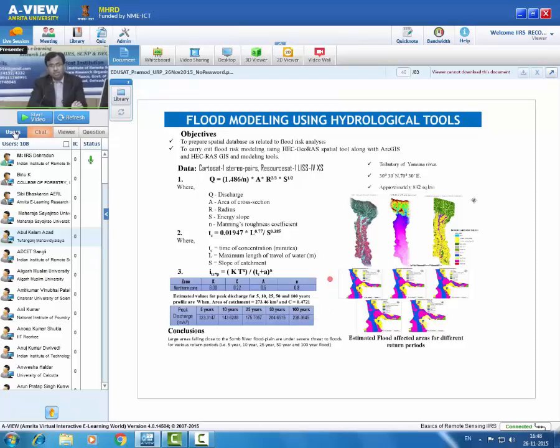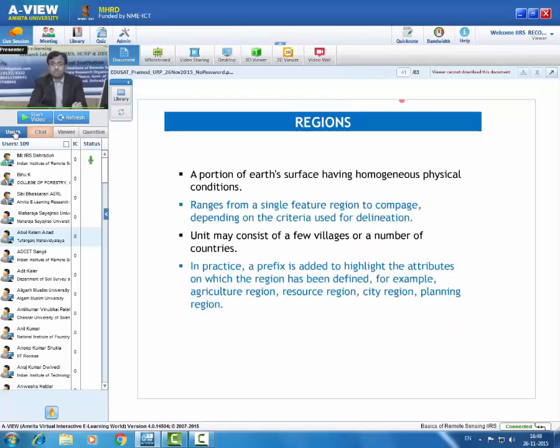For sure, when the quantum of discharge is increasing, and if the carrying capacity of the river is insufficient, the water will flow onto the surroundings and the surrounding area will get inundated. This computation can be done with some input from remote sensing data, and once we overlay the expanse of this flood water on the land use land cover map, we can compute the areas getting affected by the urban flood.